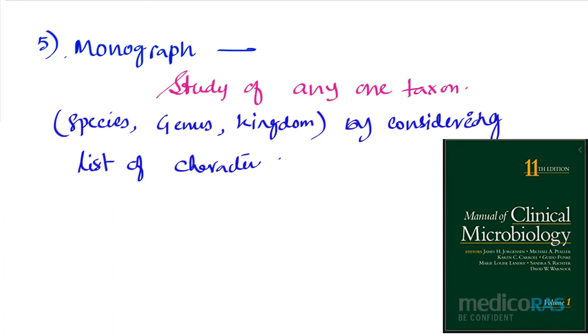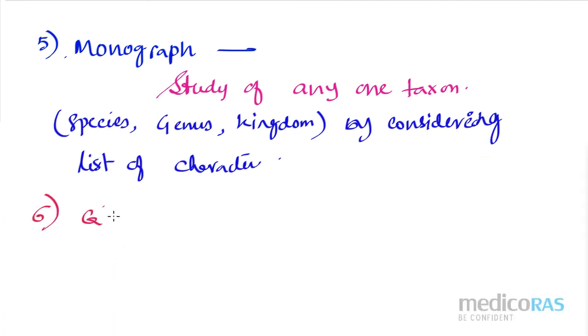Last, number six, and that is catalog. Please note it down. Catalog is some kind of alphabetical order, like the dictionary we have. In a dictionary, we look at the alphabets, first A, then B, like that. Here also the same thing.